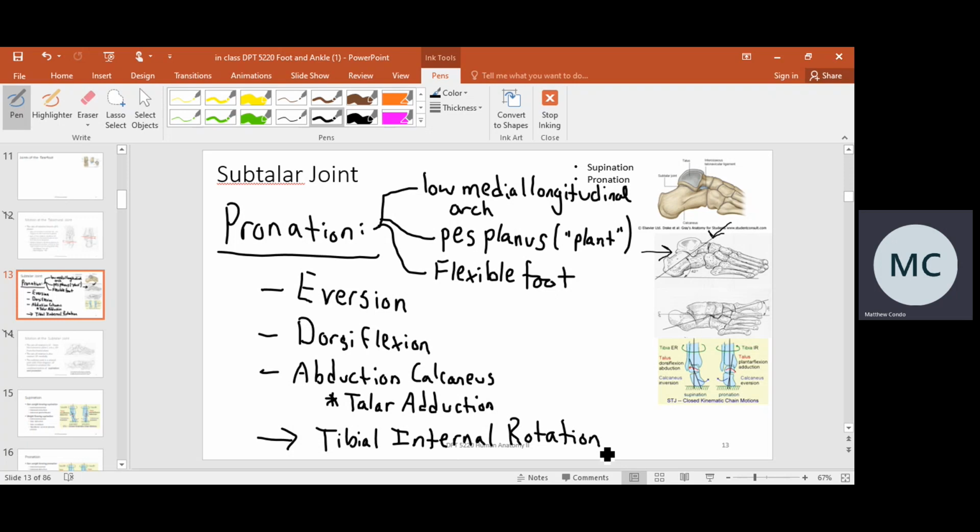I need a flexible foot. So that first part of the gait cycle, not a problem. However, when I need to supinate during that second phase of the gait cycle, because remember, in the first phase my foot is pronating, and then it transitions back and supinates, that's when we're going to see a lot of these problems.